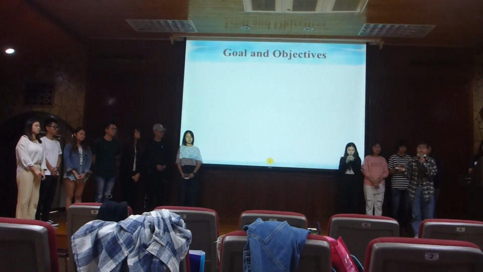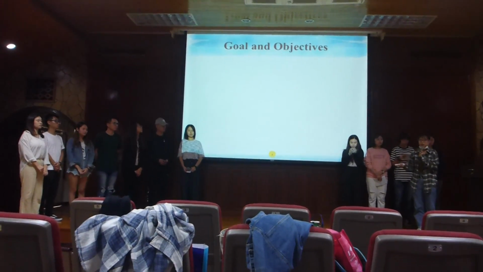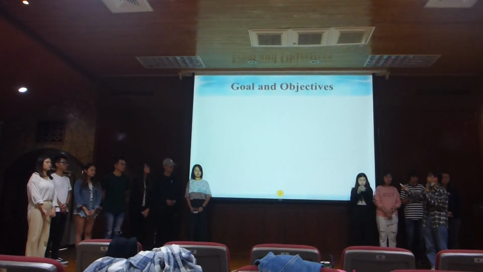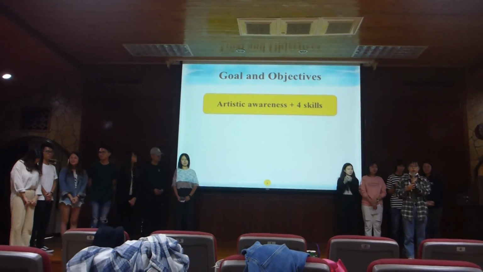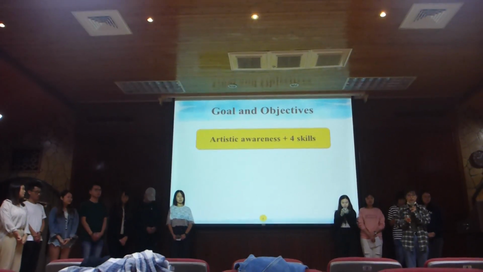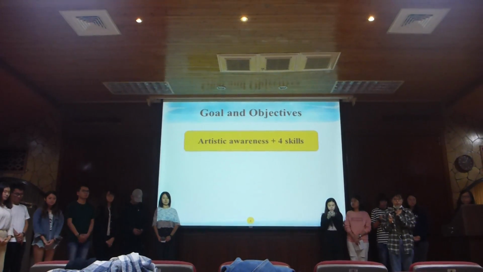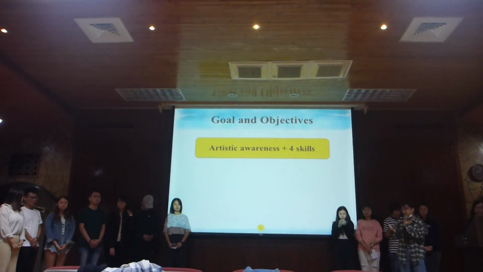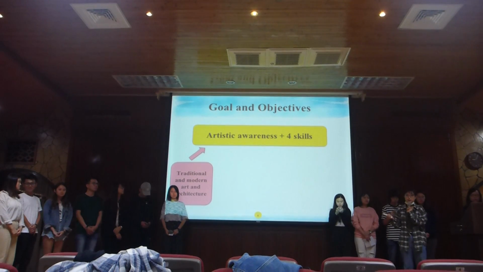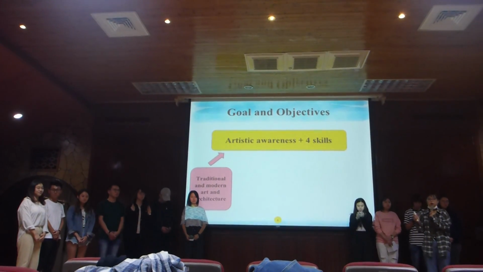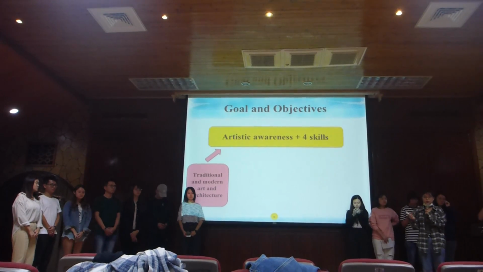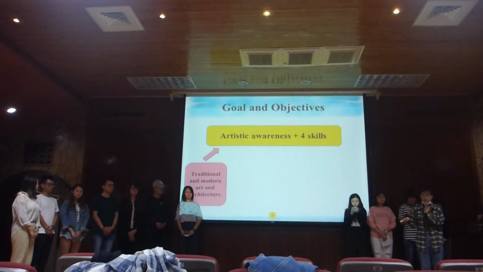Now I'm going to talk about our goals and objectives. So our goal in our project is to build up students' artistic awareness and 4 skills of English through technology. And we have 4 objectives. First, students will be able to develop the awareness of modern and traditional art and architecture.